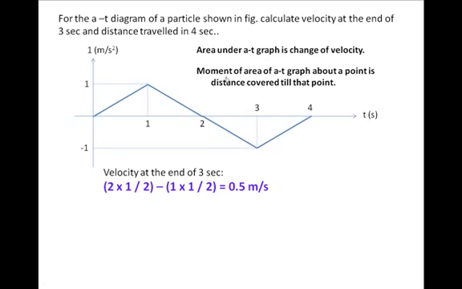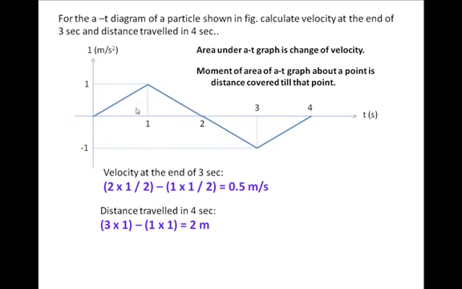Now let's use this rule. Moment of area of AT graph about a point is distance covered at that point. Our interest is at the end of 4 seconds. So we look at this total area. We take first area. Area was calculated as 1 and distance of a centroid from this point is 3.